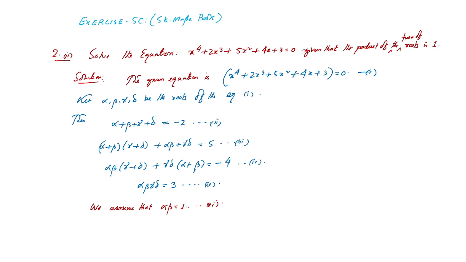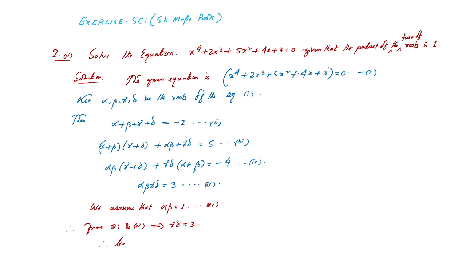Now from equation 5 and equation 6, what will we write? We will write gamma delta equals 3.